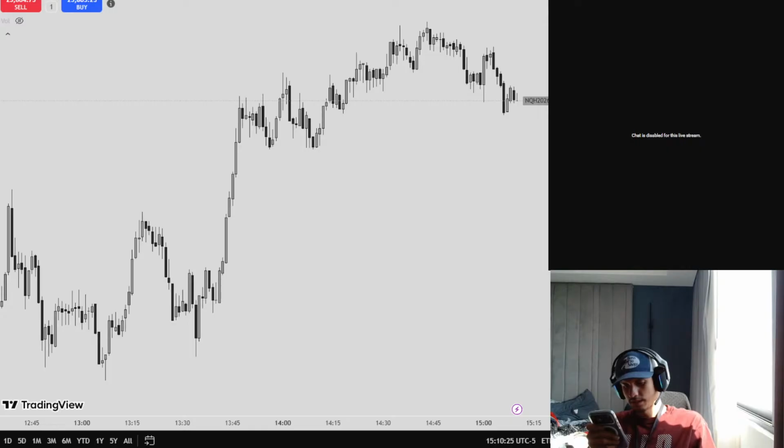I'm gonna adjust my stop loss to just below this low, cutting my risk. And right there, that's my break even. Right there, stopped out. Right there, we're in. And that was a fast trade.